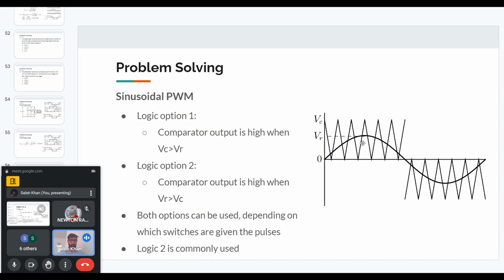The comparator output is then given to some switch to turn it on or off. The other option is that the comparator output is high when the reference is higher than the carrier. Both of these options can be used depending on which switches are given the pulses, so we can achieve the same output.